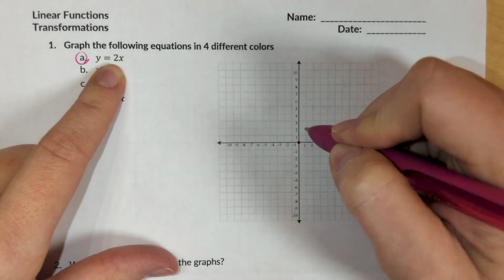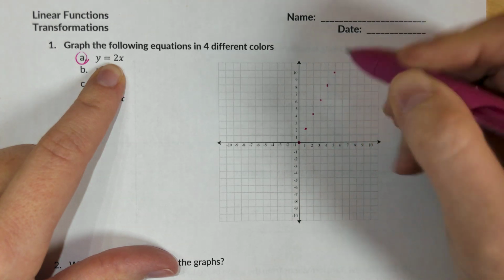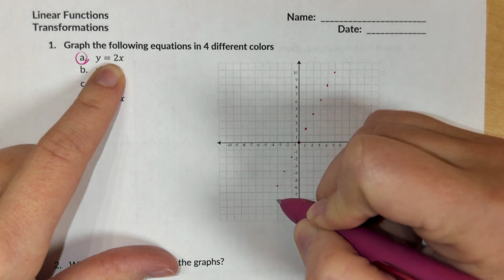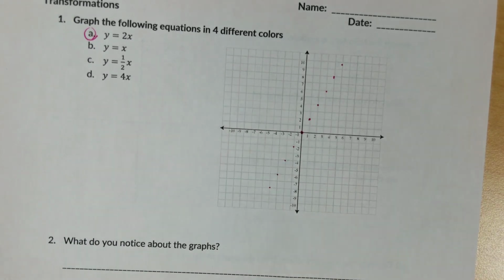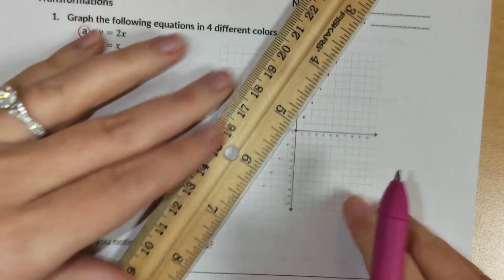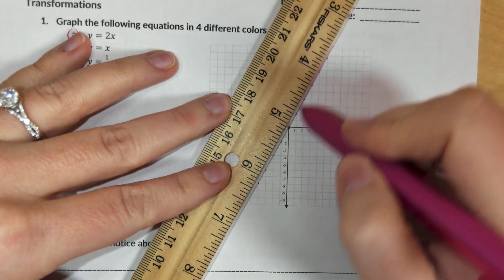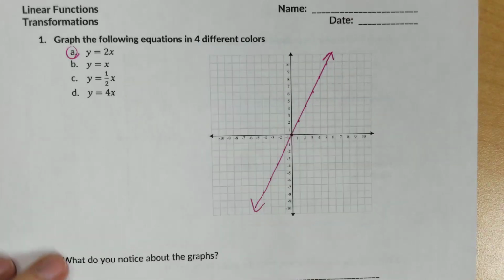So positive 2 over 1 run. And then I'm going to go in the other direction as well, so I have plenty of points. And then I'm going to grab a straight edge and go ahead and connect those points. Okay, so I end up with this line for the pink one.